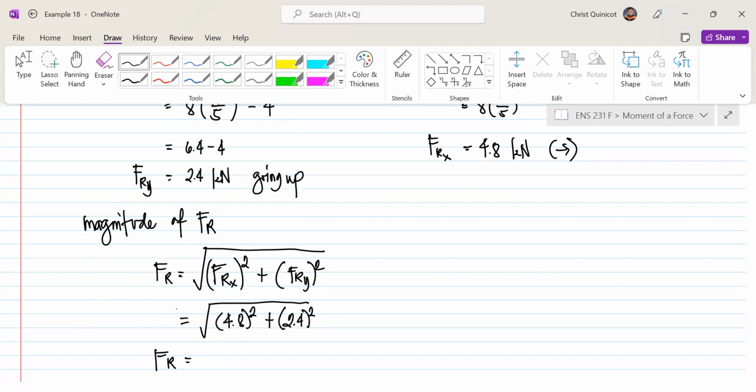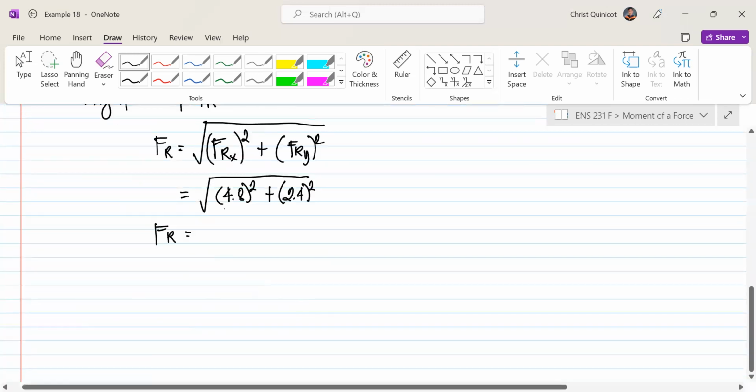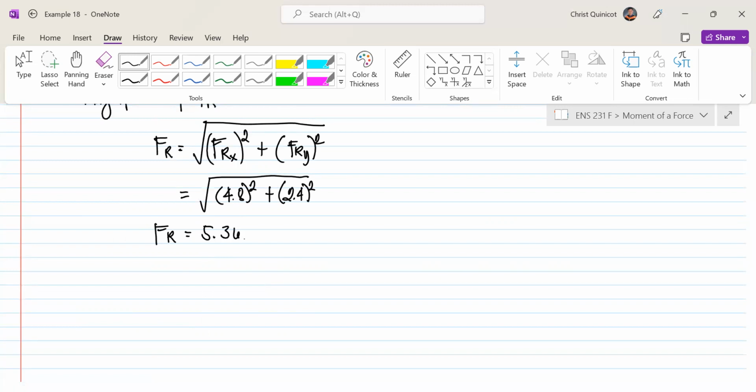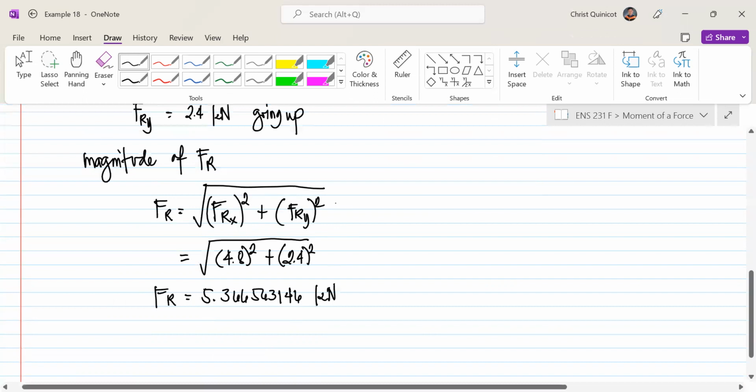Take the square root, and F sub R is 5.36656314 kilonewton.